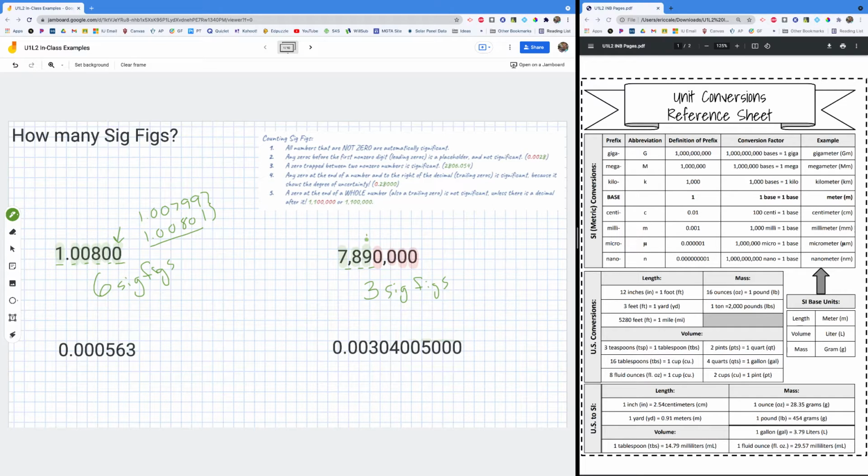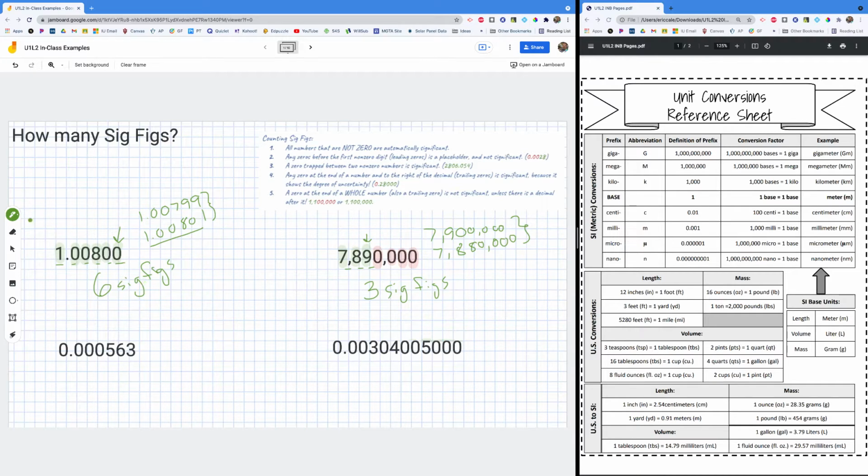For this one, since this is our last significant digit that we know for sure, this could be anywhere between 7,900,000, because plus or minus 1 from here would bring that up to 90, or 7,880,000. So anywhere within this range would be an acceptable number.